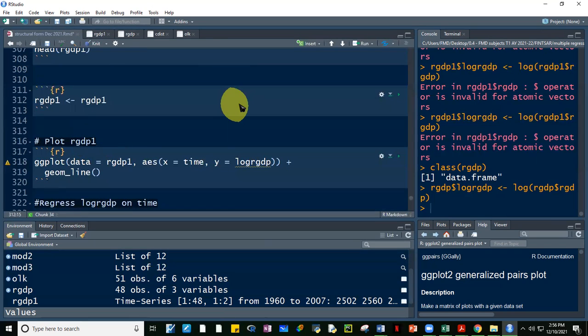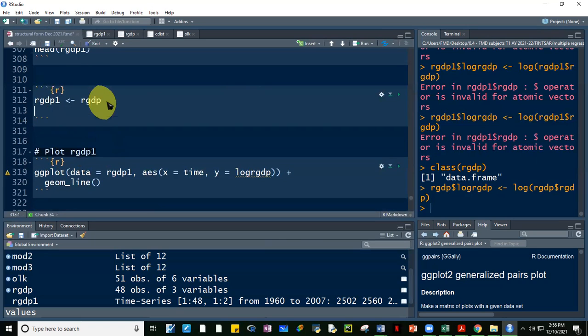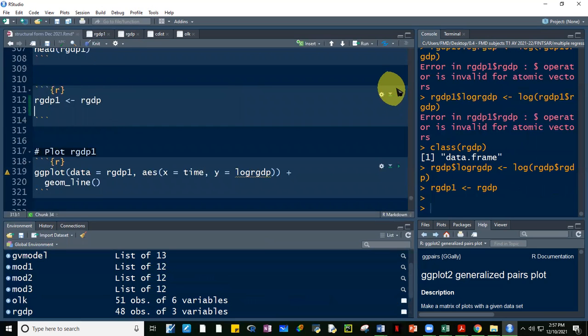So I'm creating this object RGDP1. So masasapawan niya na to. Si RGDP1, ang tawag na natin diyan RGDP. Enter. Okay. Control, so run natin.